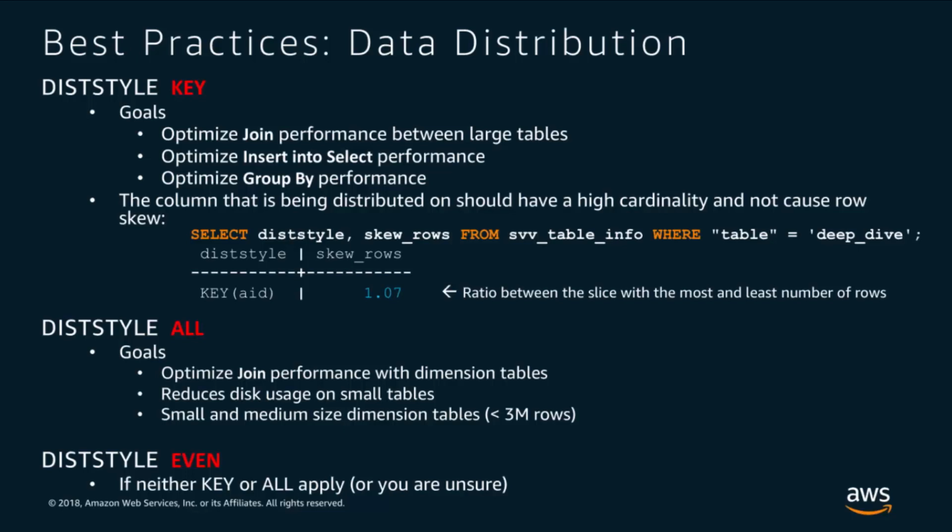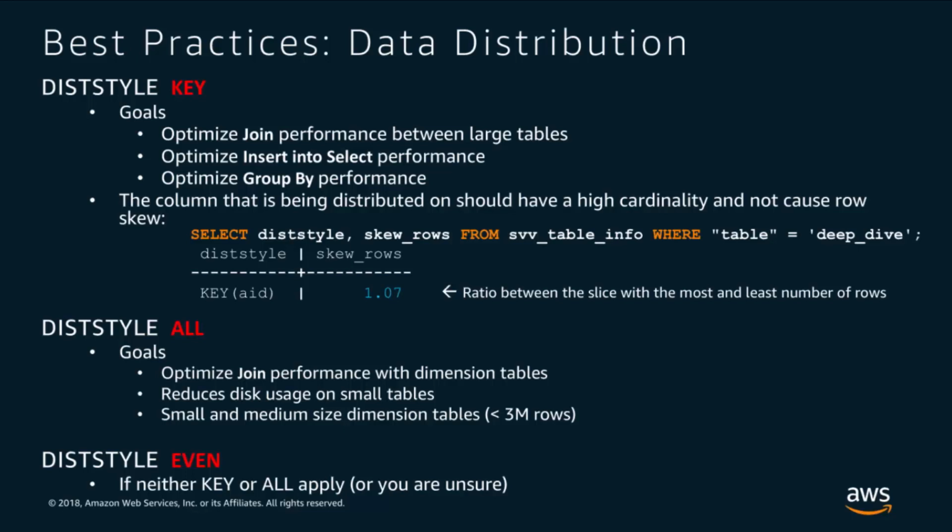If distribution style key doesn't apply, maybe the table is too big, or maybe there's just no good column to pick, then you're not going to want to pick distribution style key. You're going to want to pick one of the other 2. If the table happens to be small, that will be distribution style all.